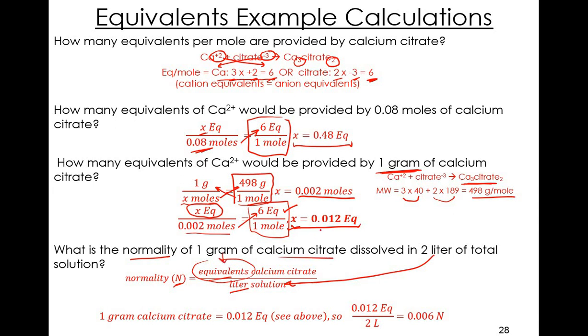Well, by golly, we already calculated that up here. 1 gram of calcium citrate we figured was 0.012 equivalents. We put that up here. We put the 2 liters down here on the bottom. We divide, and that is 0.006 equivalents per liter, or a 0.006 normal solution.